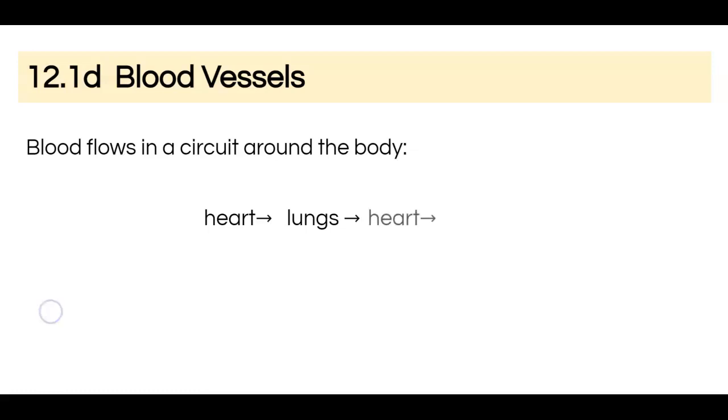However, it's the heart. So blood goes from the heart to the lungs to get oxygen, then returns back to the heart. Why does it need to return back to the heart, you might be thinking? Well, the blood needs a way to actively get pumped out to the body, and the way that it does that is by returning to the heart, which is this thick muscular organ.